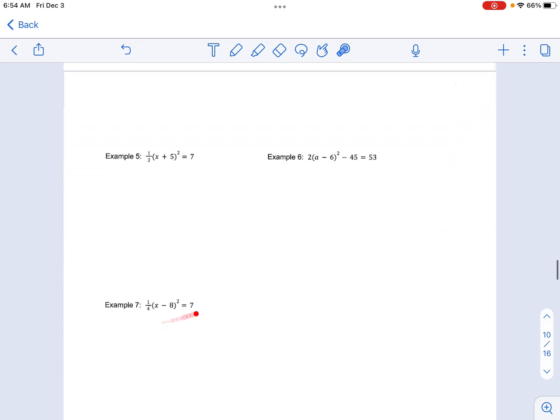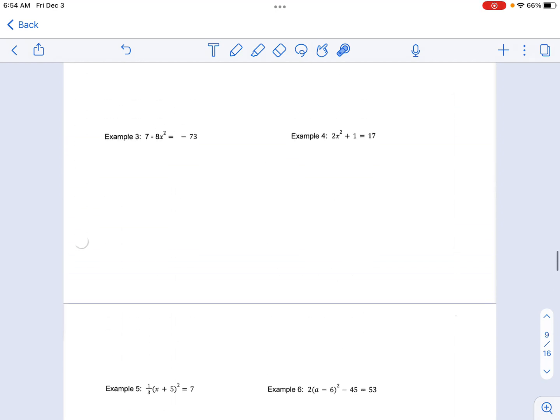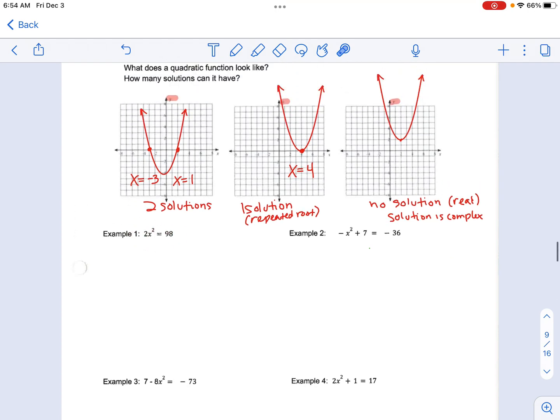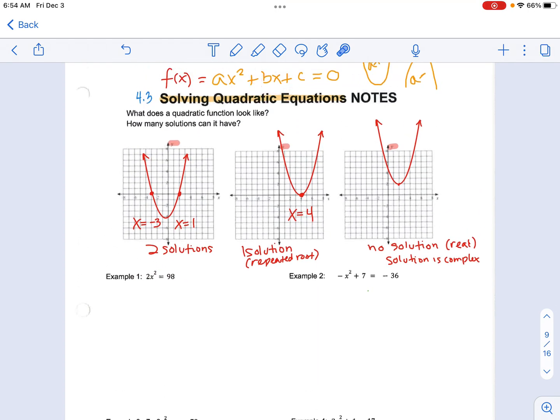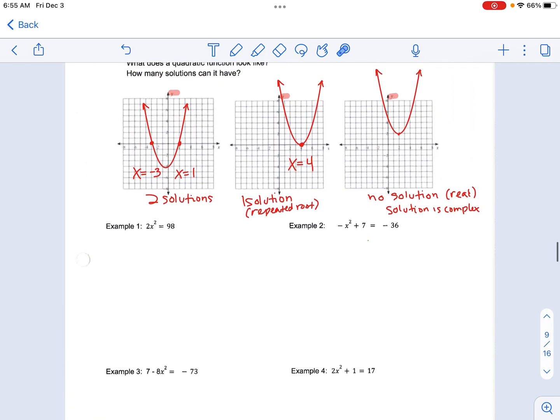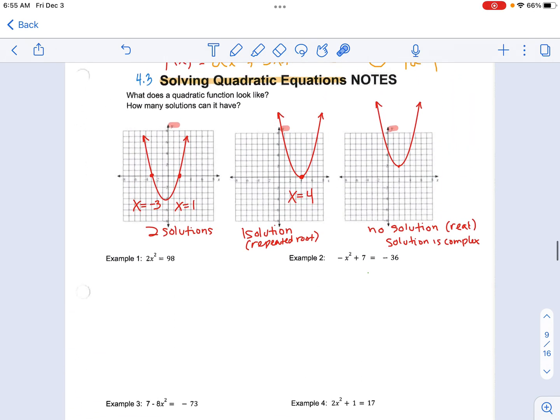In fact, except for on this back page here, you'd be hard-pressed to even find an x term, right? This example has an x squared and a number, but not that middle bx term. Likewise here, we don't have the bx term, nor do we have it here, and nor do we have it here.